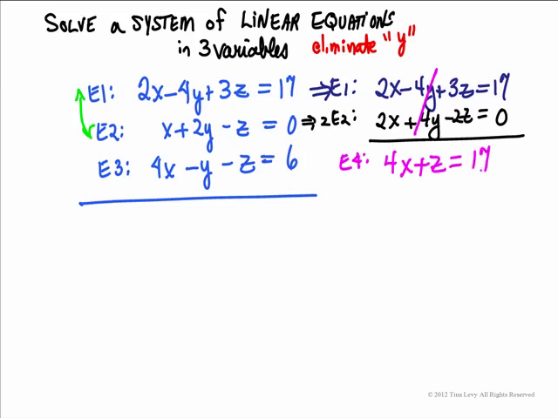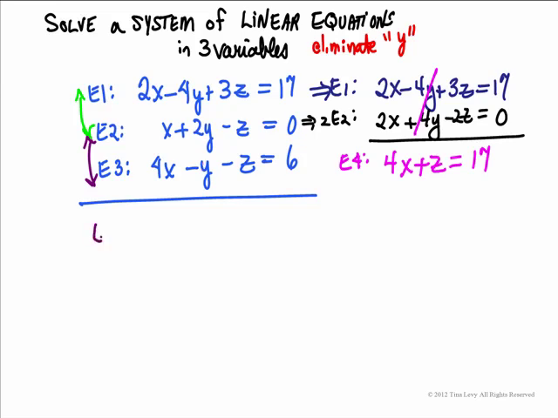This is equation 4. Now we're going to eliminate the same variable from these last 2 equations. So we have to eliminate y. We can see we have a positive 2y here, and equation 3 has a negative y. So we're going to multiply equation 3 by 2.